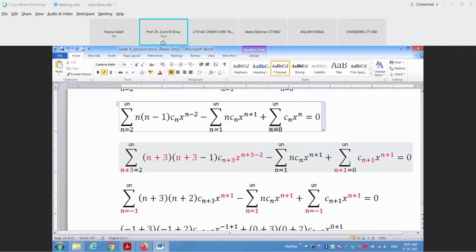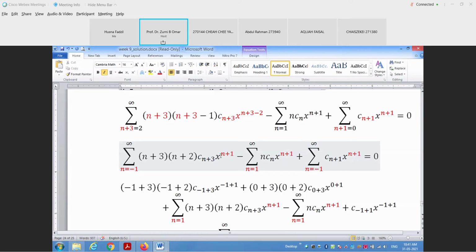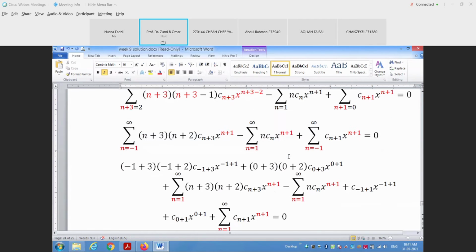The third summation will be n from minus 1, because 0 minus 1 is minus 1, c_(n+1) x^(n+1) equal to 0. Now all the powers in these three summations are the same, x to the power of n plus 1. The problem now is the index. In the first summation, the index starts at minus 1. In the second summation, n starts at 1, whereas in the third summation, n starts at minus 1.